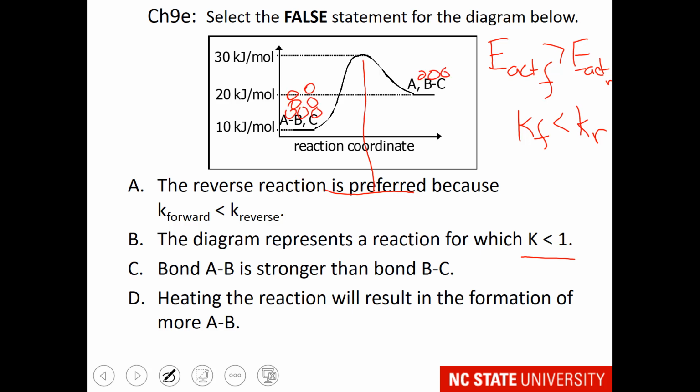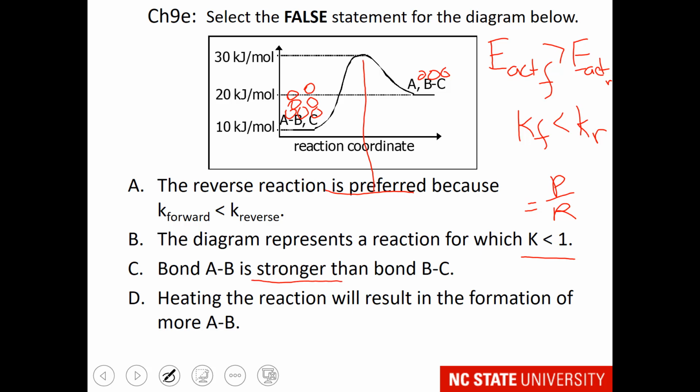So clearly, this balance is skewed toward the reactant side and has more material as a reactant than a product. And of course, K's ratio is equal to the concentration of products divided by reactants. So that'll help you think about that one.